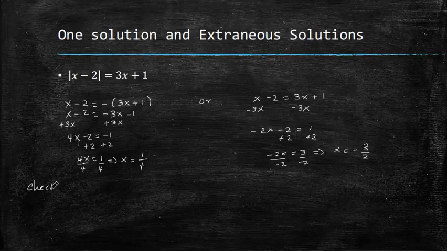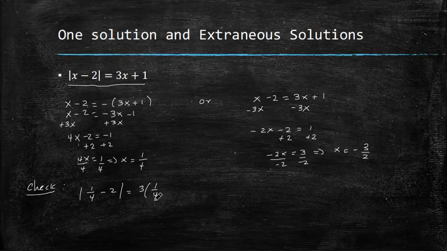And we're going to check them not in the equations that we obtained, but in the original equation, this one over here. So we're going to plug in 1/4 minus 2, that's left hand side, and now we're going to plug in the right hand side, so it'll be 3 times 1/4 plus 1. And here 1/4 minus 2 is going to be equal to negative 7/4.